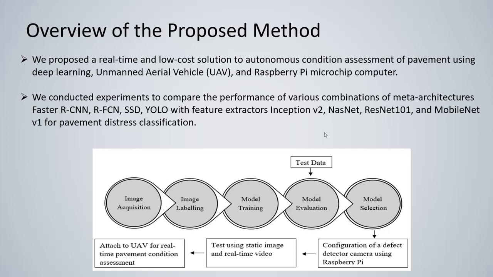We conducted experiments to compare the performance of various combinations of meta architectures such as faster R-CNN, R-FCN, SSD, YOLO with feature extractors such as Inception version 2, NasNet, ResNet 101, and MobileNet version 1 for pavement distress classification.